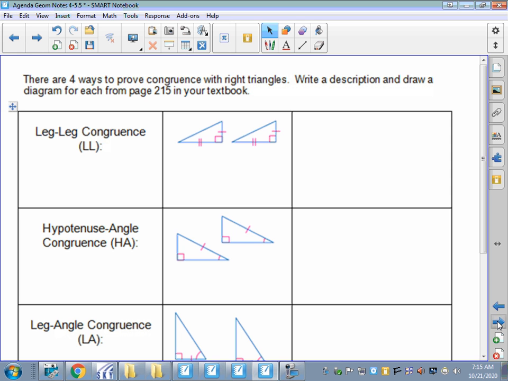The first one is leg, leg. Notice, what does it look like? If I look at this diagram, it looks like side, angle, side to me. The pair of single dashed sides, the right angle in the middle, that would be the included angle, and then the double dashed sides.